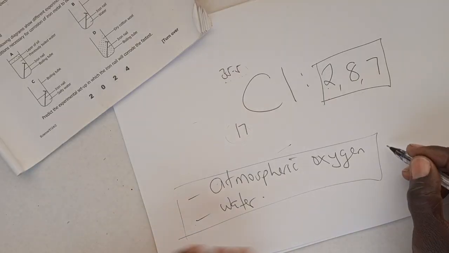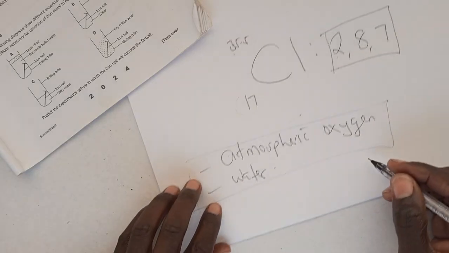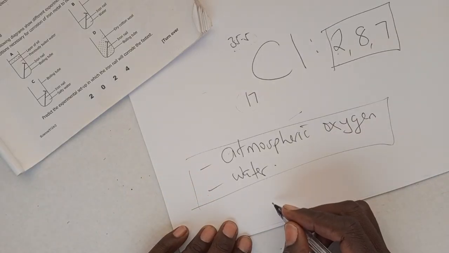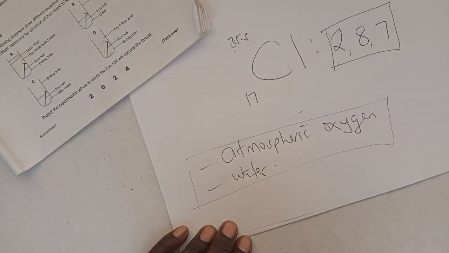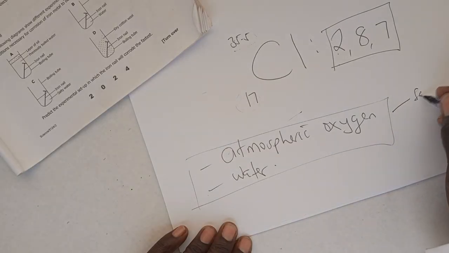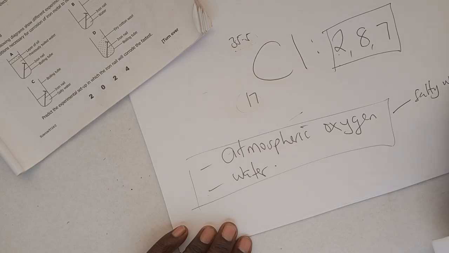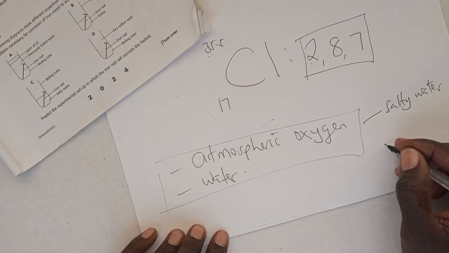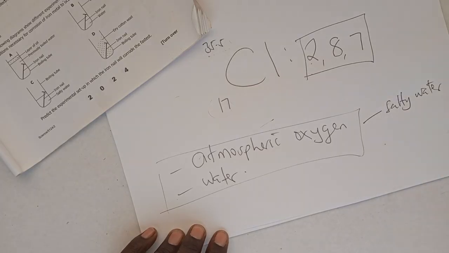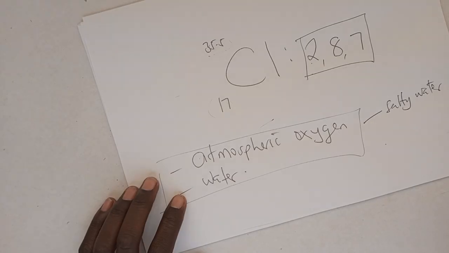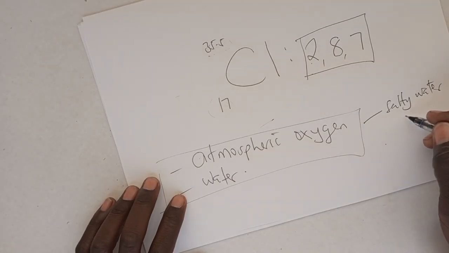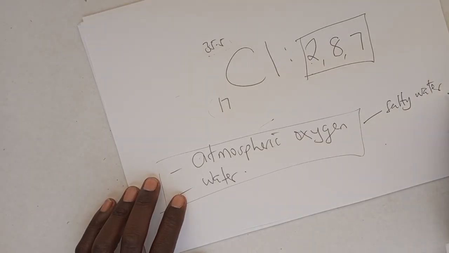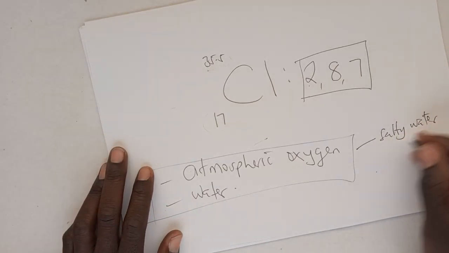But you can also increase the rate of corrosion if you add salt water. Why? Because salt water contains ions which will facilitate the corrosion.